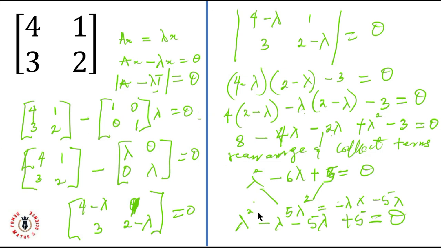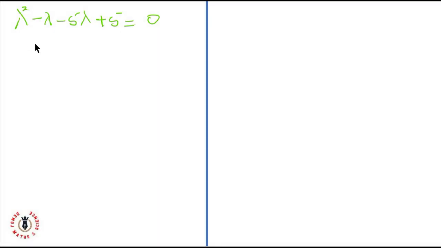Now let us further factorize this equation. Bringing out lambda here, I have lambda minus 1 left. Then here again, I have minus 5 times lambda minus 1 left, equal to 0.